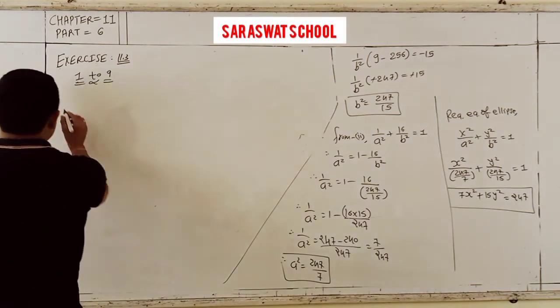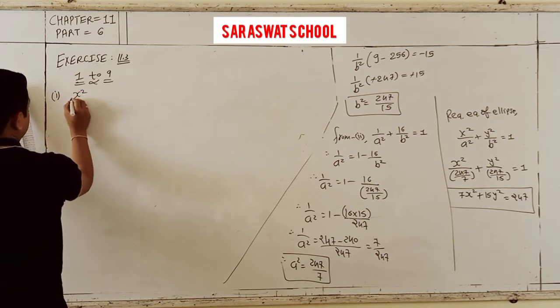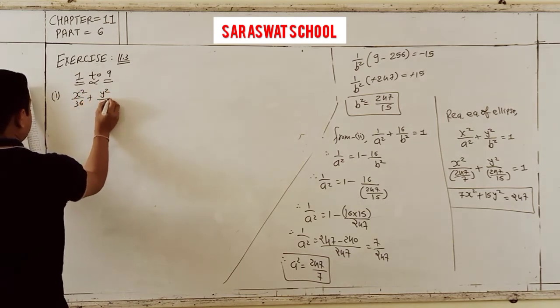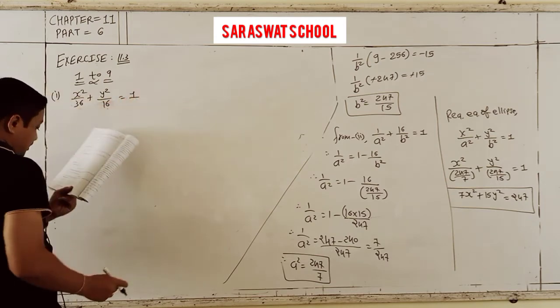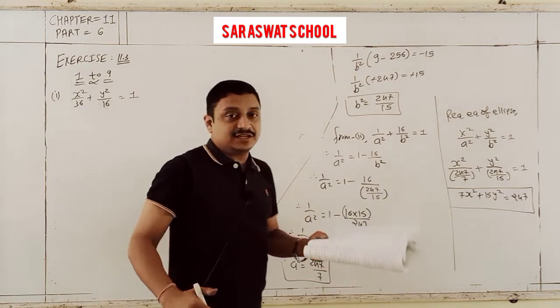I go to the first one: x square by 36 plus y square by 16 is equal to 1.